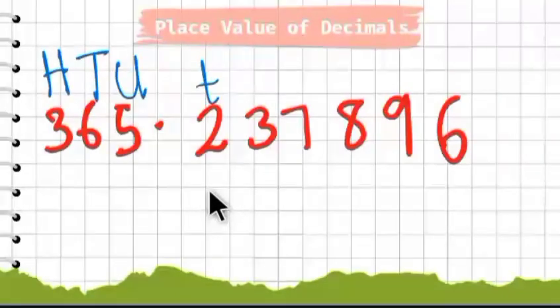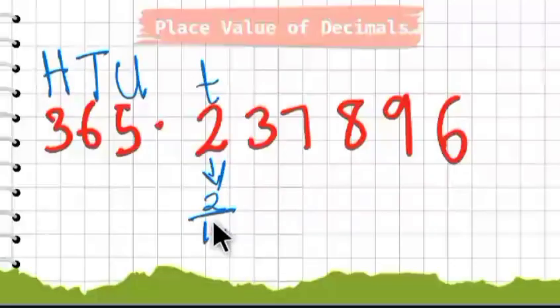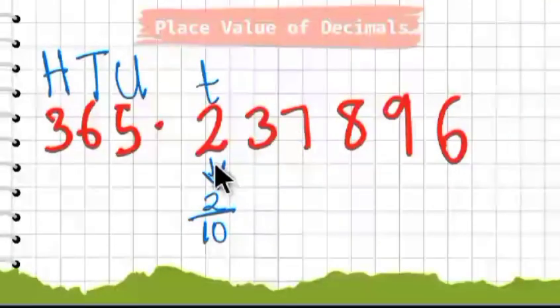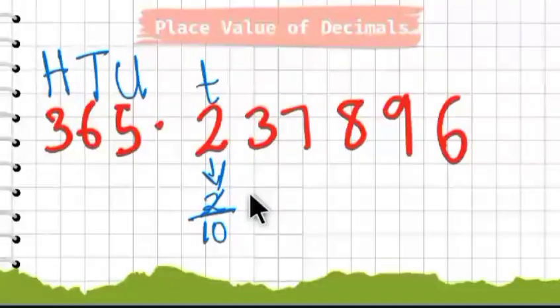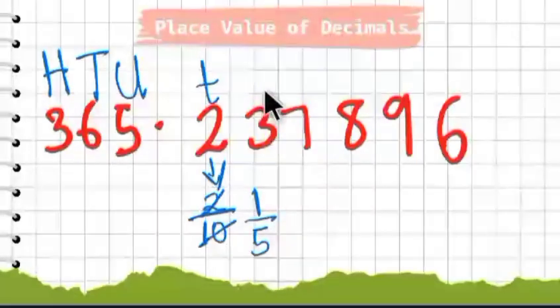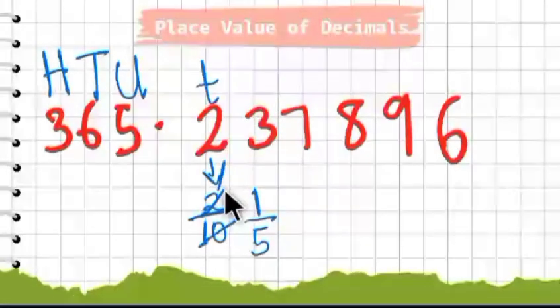It's simply because this 2 is written as 2 out of 10. And remember that we are doing the fractional parts. And 2 out of 10 is 1 over 5, because 2 into itself is 1, 2 into 10 is 5, and that gives us 1 over 5. So we start with tenths.